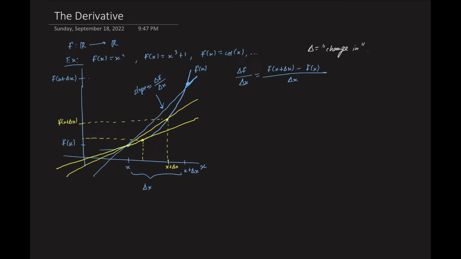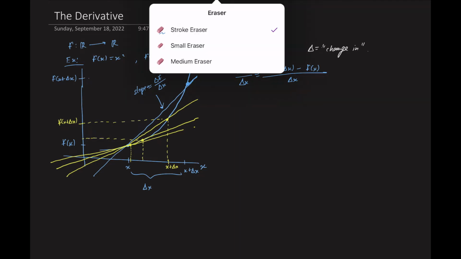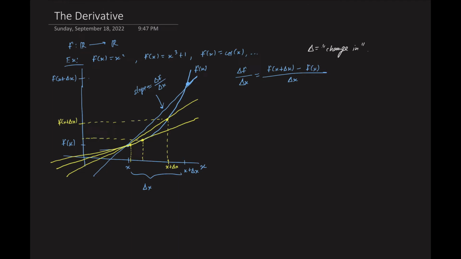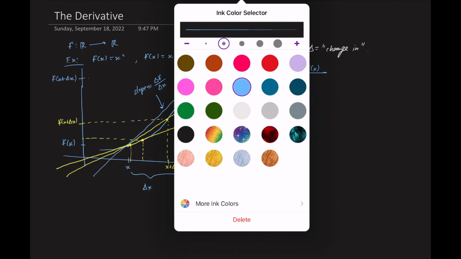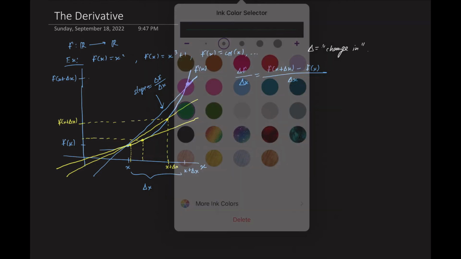We can keep doing this and bring it arbitrarily close to x. So say we were to bring it arbitrarily close to x, right there. Then this line that we see over here, let me use a different color. Let's use green.